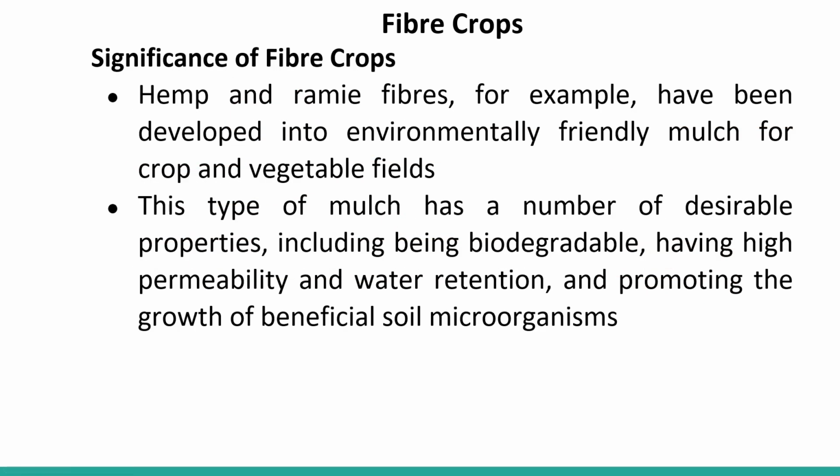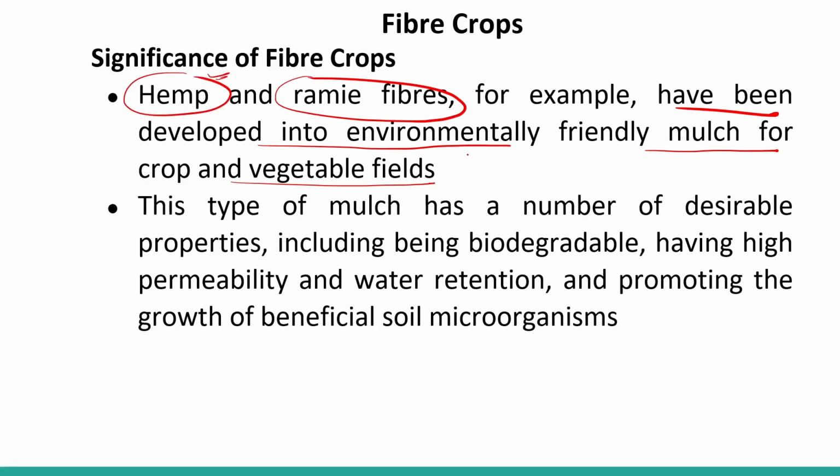Hemp and ramie fibers, for example, have been developed into environmentally friendly mulch for crop and vegetable fields. This type of mulch has a number of desirable properties, including being biodegradable.